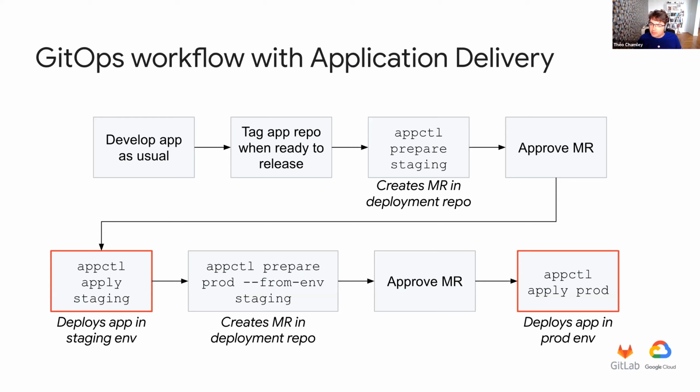We use Kustomize, an open source tool for that, and generates the full Kubernetes configurations for that staging environment with whatever customization you want, like a specific parameter, a specific environment variable, a specific tag, whatever you want. And it creates a merge request for that environment in the deployment repository.